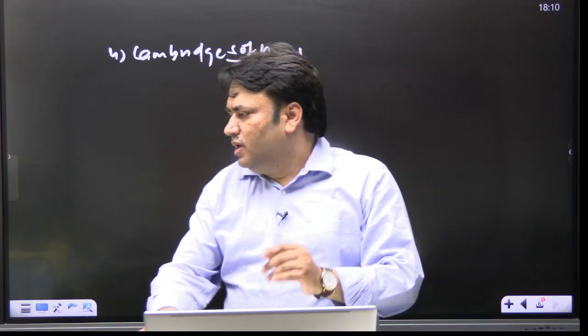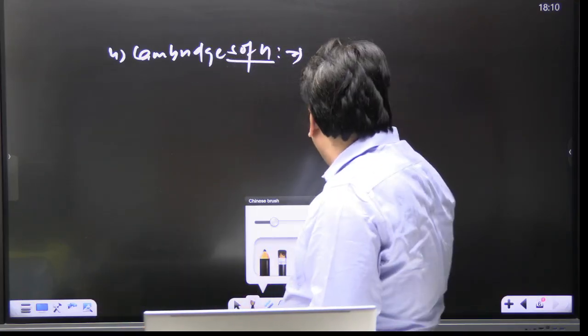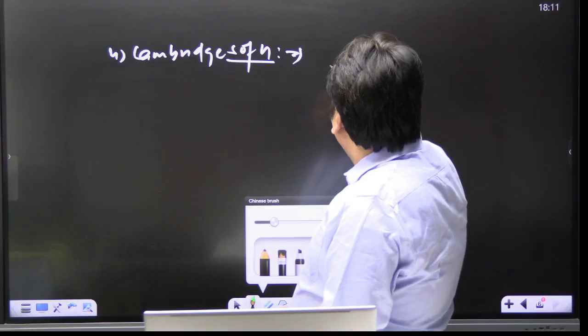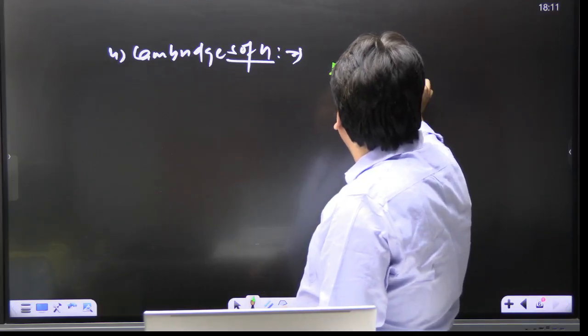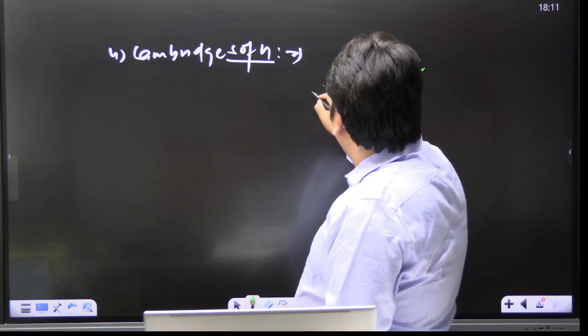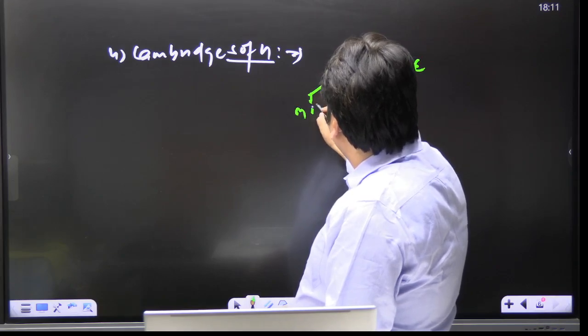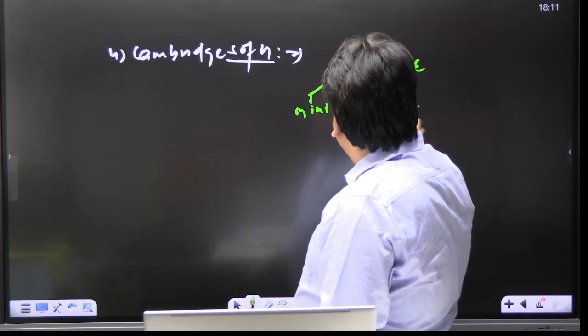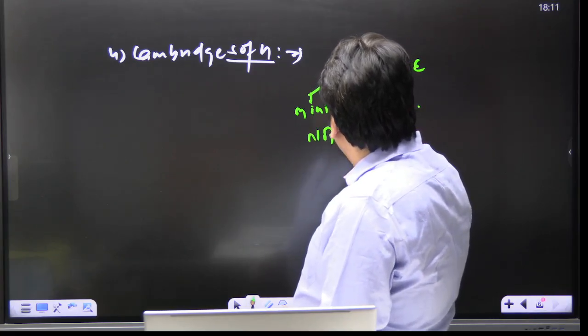For example, when we talk about the Dutch and when we talk about the English, the Dutch main interest is what? Primarily commercial. It's not territorial.